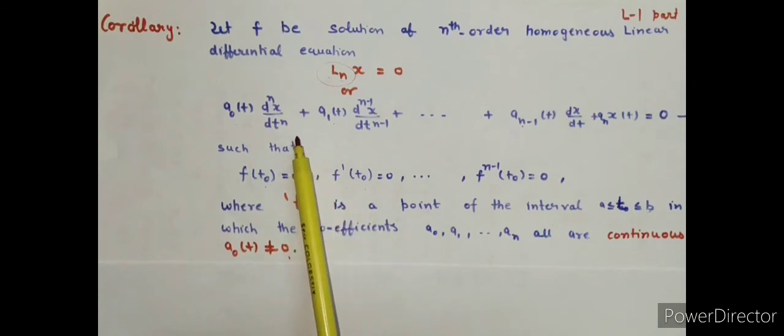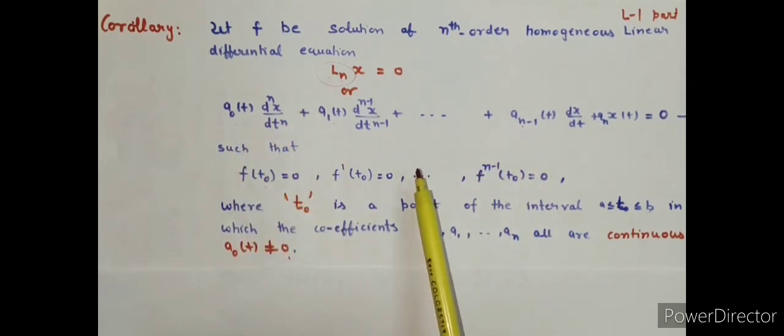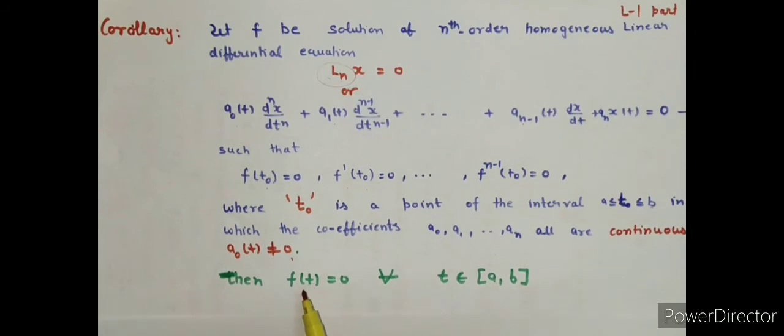If my solution satisfies all these conditions, then we can conclude that the function is trivial. That means my solution is always trivial for all values of t in this interval.